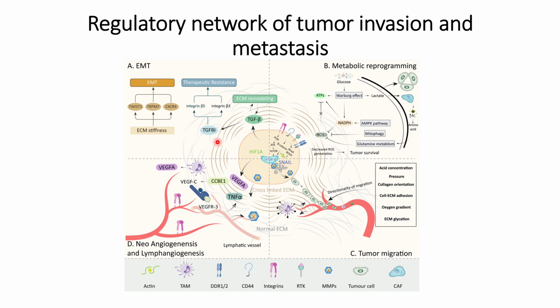Because of that, TGF beta will lead to the production of integrin beta 5 and beta 3, and that will help in therapeutic resistance, or it will prevent the drugs from reaching the sites of the tumor. Also, TGF beta helps in ECM remodeling by changing the composition of the ECM, so that the tumors can migrate from one place to another.